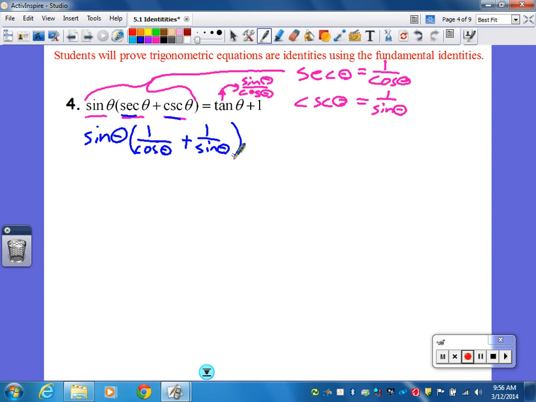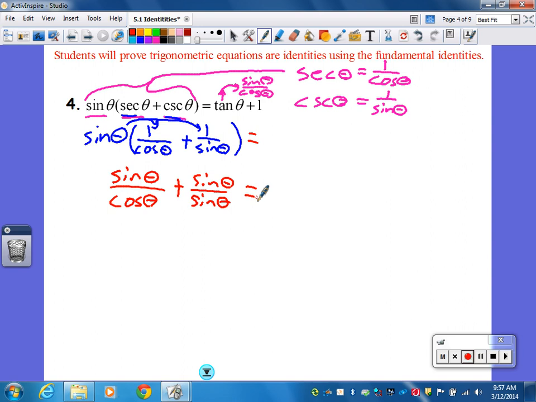Okay, so now we can once again distribute our sine. So now we're going to have sine theta over cosine theta plus sine theta over sine theta.